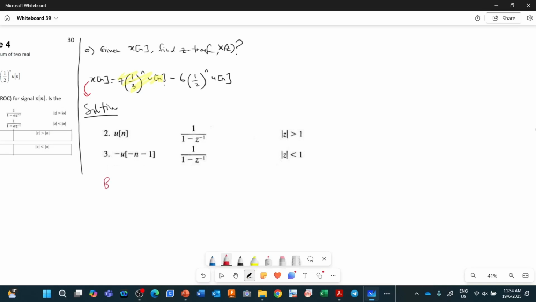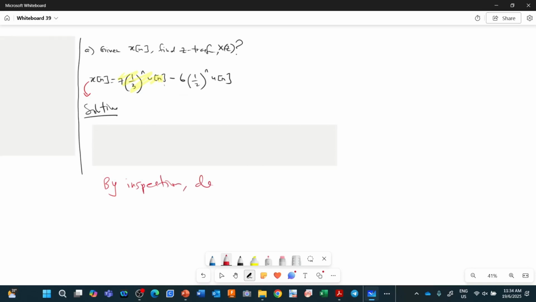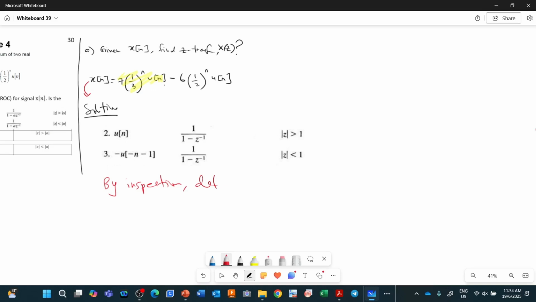Okay, by inspection, determine the Z transform.